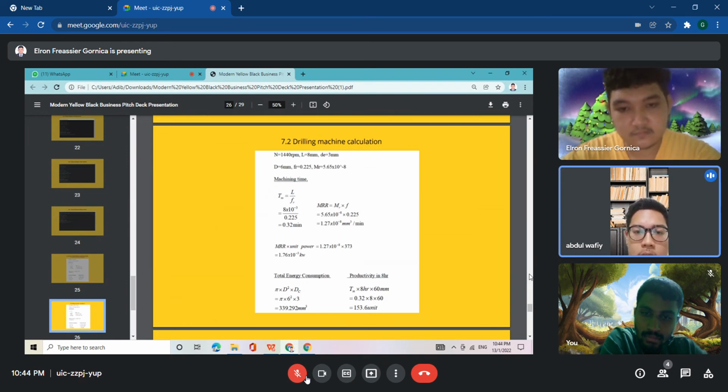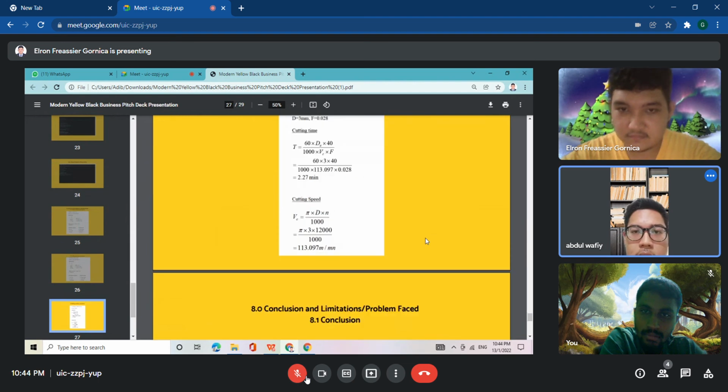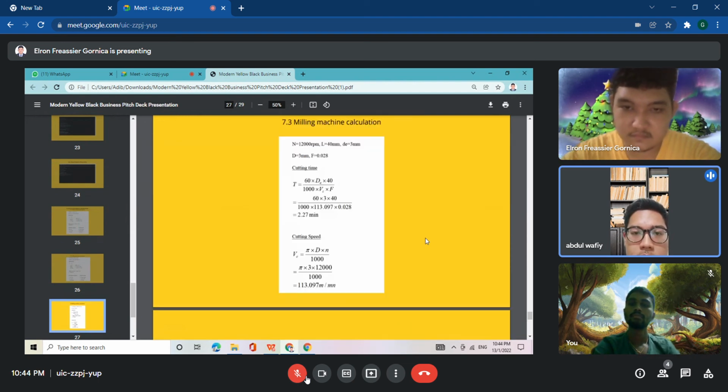For total energy consumption, pi multiplied by d power of 2 multiplied by dc, we get 339.292. For the last one, productivity in 8 hours, TM multiplied by 8 hours multiplied by 60 millimeter, we get 153.6 unit.